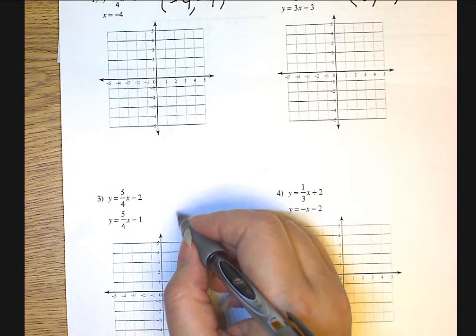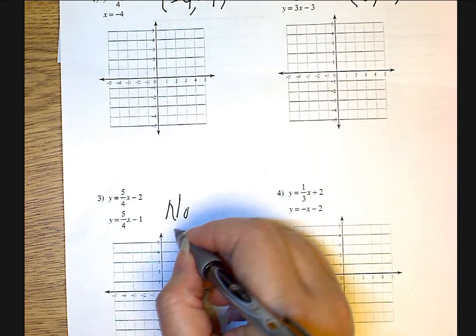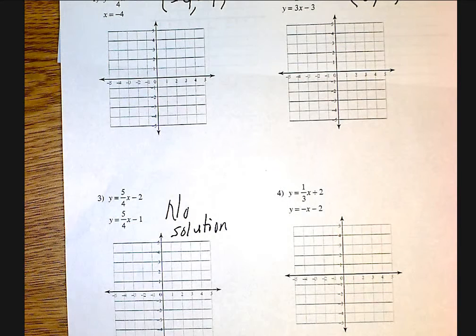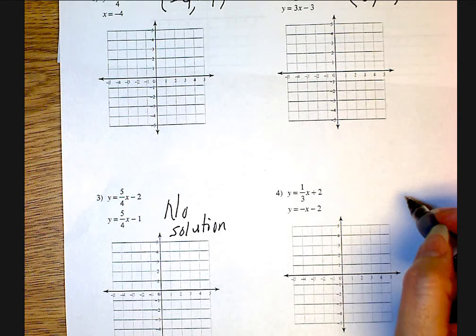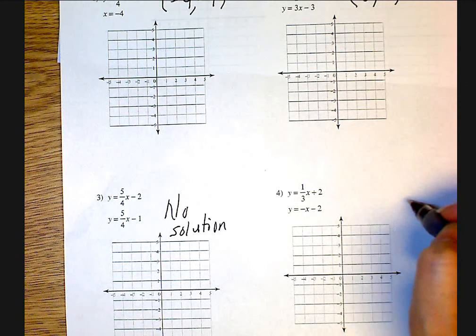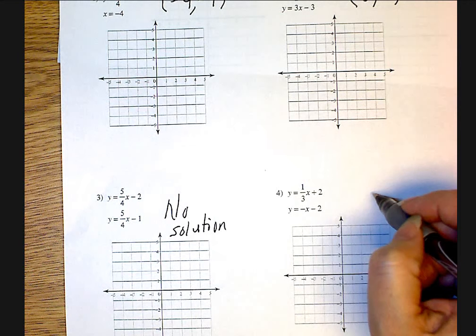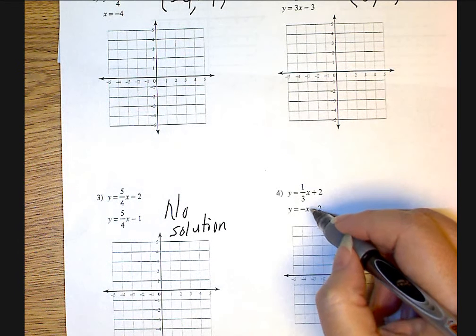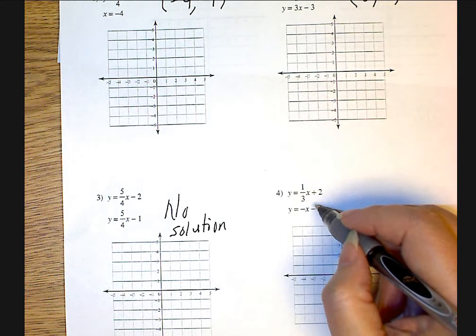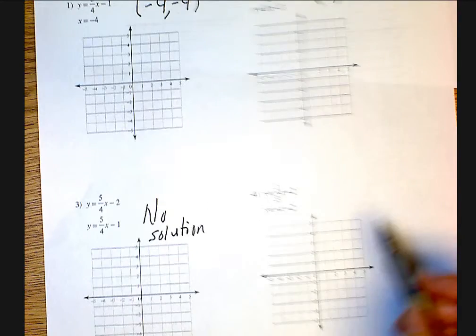No solution. Number 4, Marissa, what'd you get? 2, 3. So, how did you do number 4?